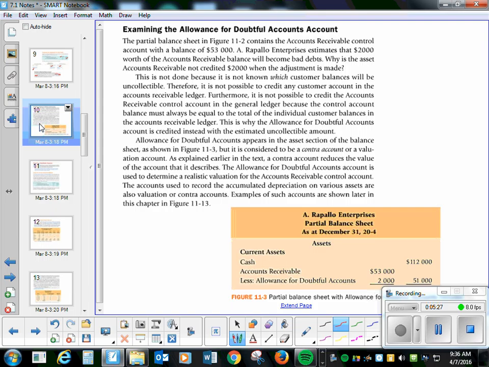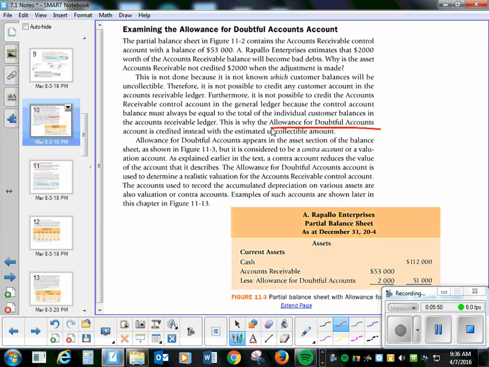Therefore, it is not possible to credit any customer's account in the accounts receivable ledger. Furthermore, it is not possible to credit the accounts receivable control account in the general ledger because the control account must always equal the total of the individual customers' accounts in the accounts receivable ledger. That is why we need the allowance for doubtful accounts.